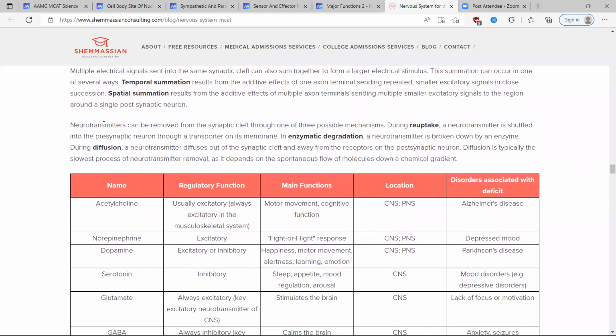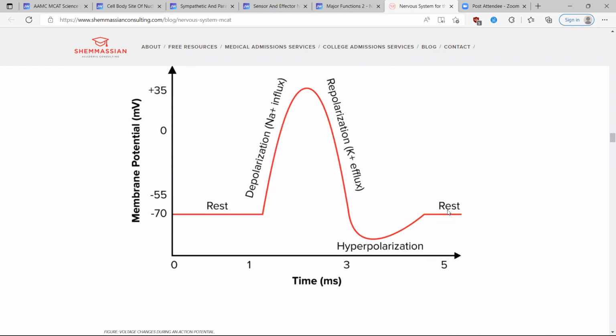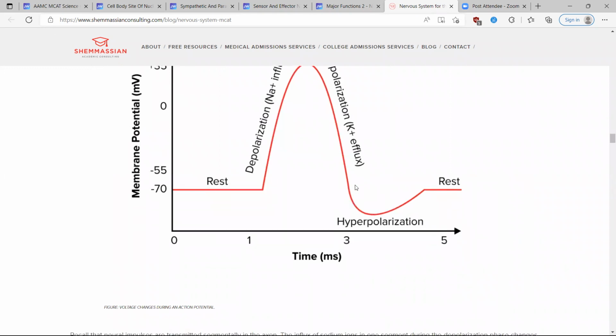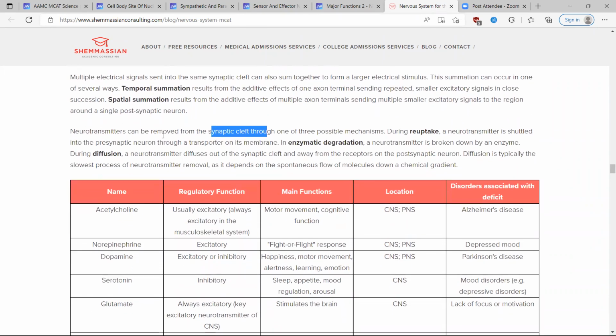So once those neurotransmitters are released, if they stick around in that synaptic cleft, that could also be a problem, just in the same way that we talked about how this has to return to resting potential, but there's a refractory period where we don't want it to continue getting the signals. We also need to clear out those small chemicals from the synaptic cleft so that we're not constantly signaling when we don't want to be signaling. So there's a couple different ways.